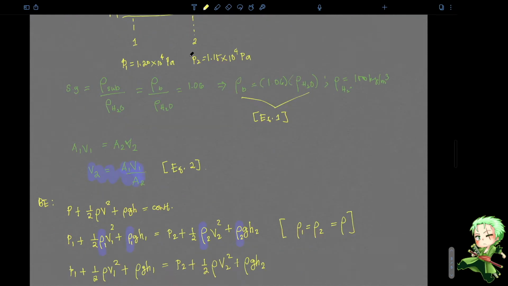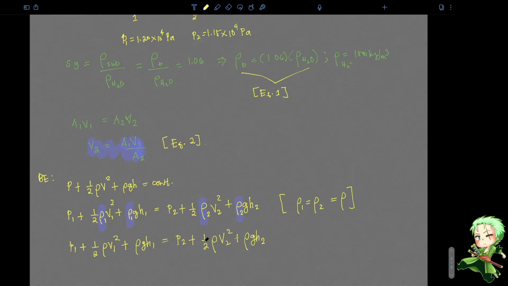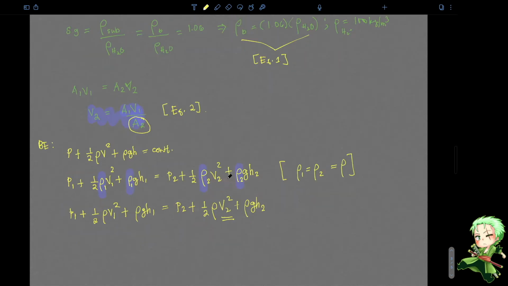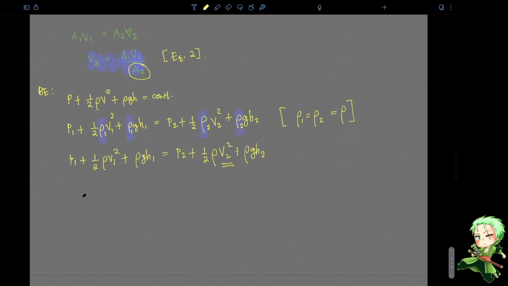But as you notice in your Bernoulli equation, there is no expression for A2. But you need not worry because this V2 term that you see here would actually be replaced by equation 2 above. If you do that, you will now have A2, which is what you desire in this case. So let's try to substitute that in the equation.